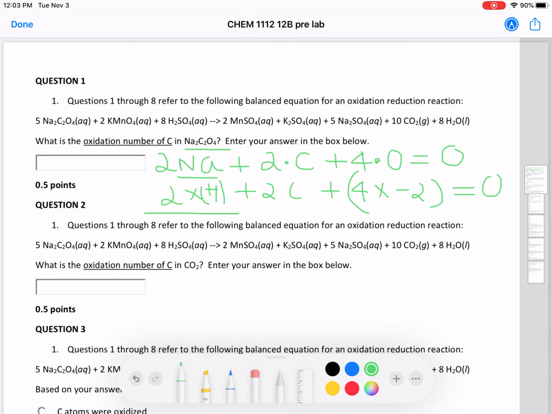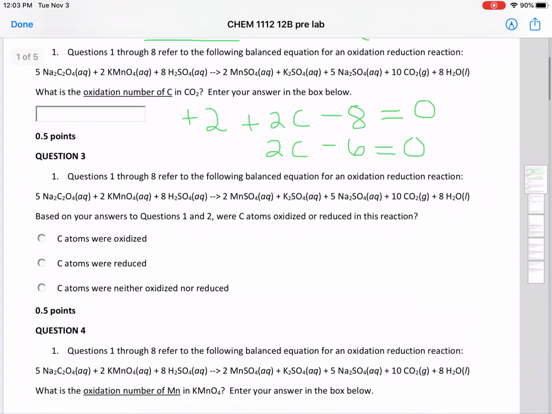So 2 times +1 is +2, plus 2 carbons, plus 4 times -2 which is -8, equals 0. So 2 plus -8 is -6. So 2 carbon, -6 equals 0. And then how do you find carbon?